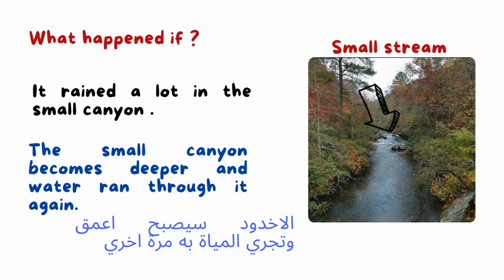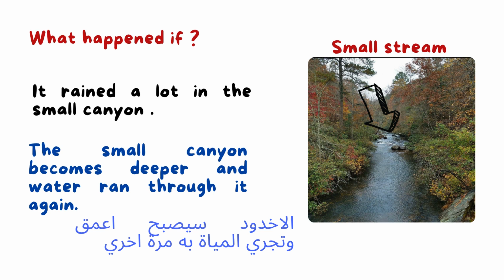So the answer: the small canyon becomes deeper and the water runs through it again, forming, as you see in this picture, something like a small stream. So the answer simply is that the small canyon becomes deeper.